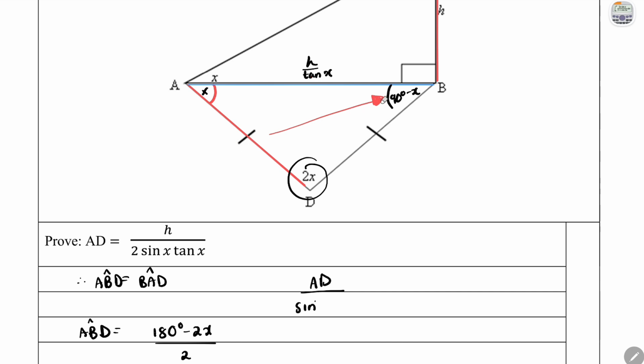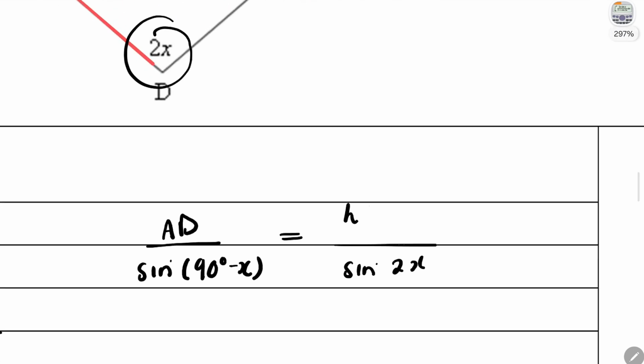The angle opposite AD is that 90 degrees minus x. So AD over sine of 90 degrees minus x is equal to another side that is available, which is AB over sine of the angle opposite it, which is 2x. So sine 2x. But we already know that AB is h over tan x.